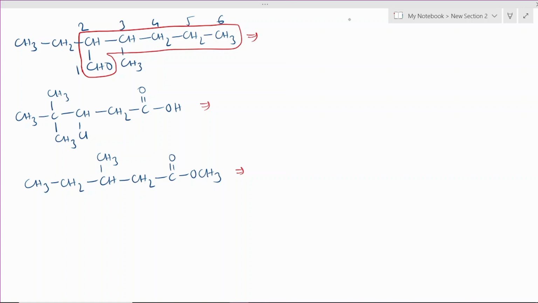So it will be 2-ethyl, as an ethyl group is present on the 2nd carbon, then 3-methyl, and as an aldehyde group is there, the suffix will be al.